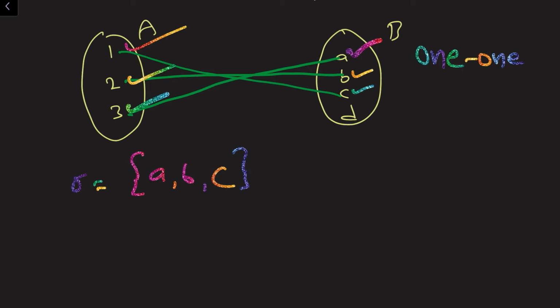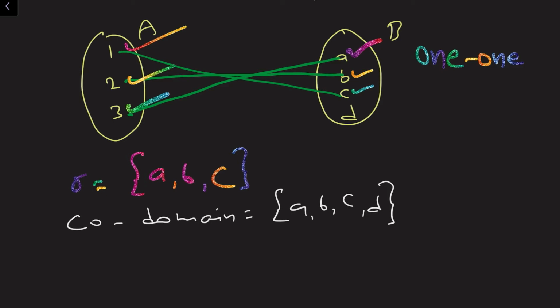Whereas the codomain is nothing but the total set B, that is a, b, c, d. Here the range is a, b, c, whereas the codomain is a, b, c, d. So we can conclude that range and codomain are not equal. So that's why this is not an onto function. If this is not an onto function, then this is not a bijection also.